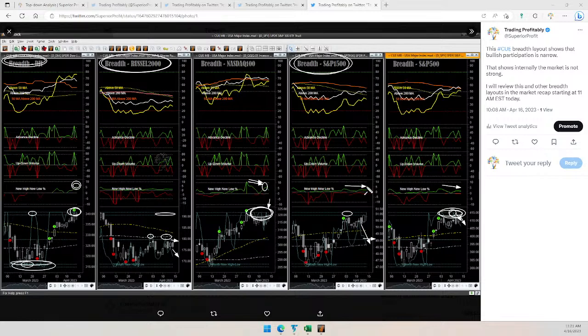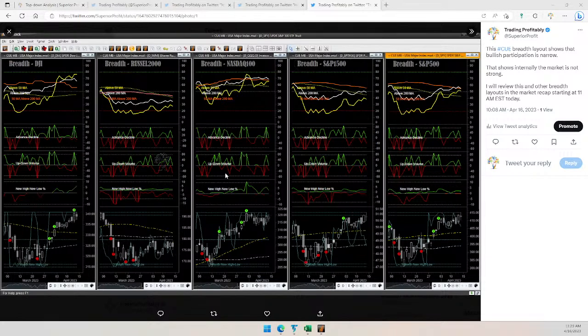S&P 1500 is weaker, and Russell 2000, instead of new highs, I can see new lows are starting to increase. So in terms of all the breadth indicators, if you look at these charts carefully, you will see that the market is held up by a handful of stocks. That is the insight you can get from these market breadth charts.